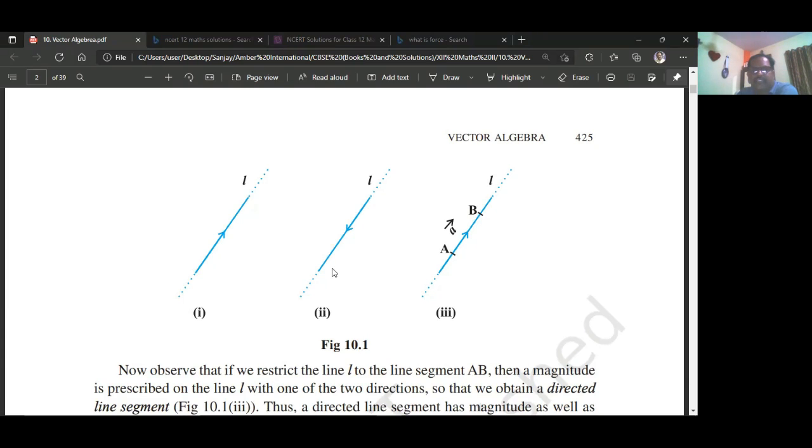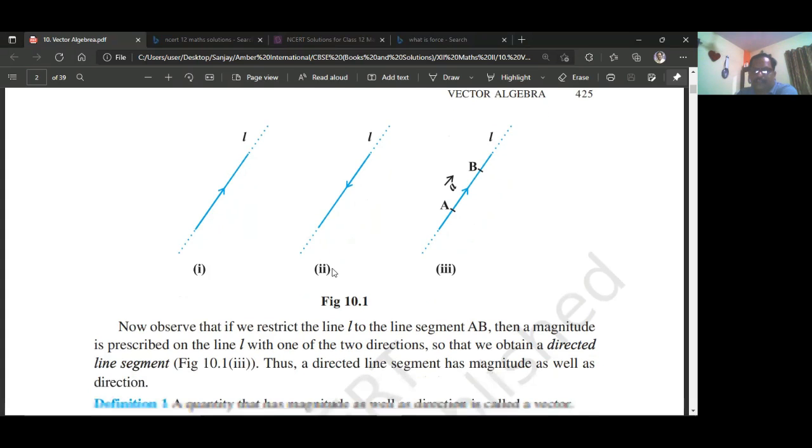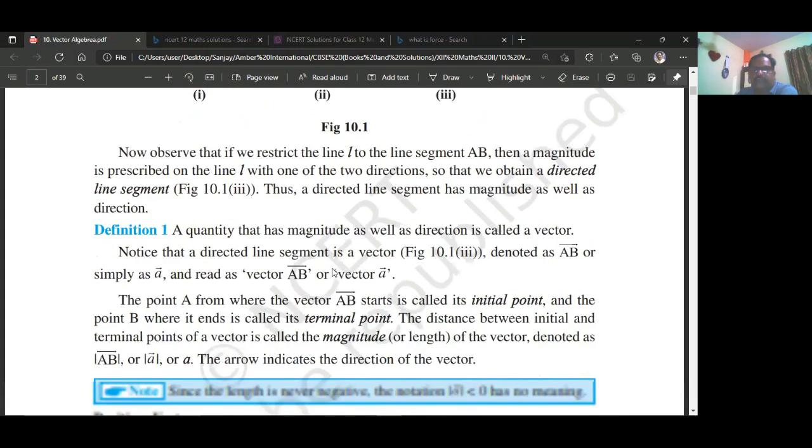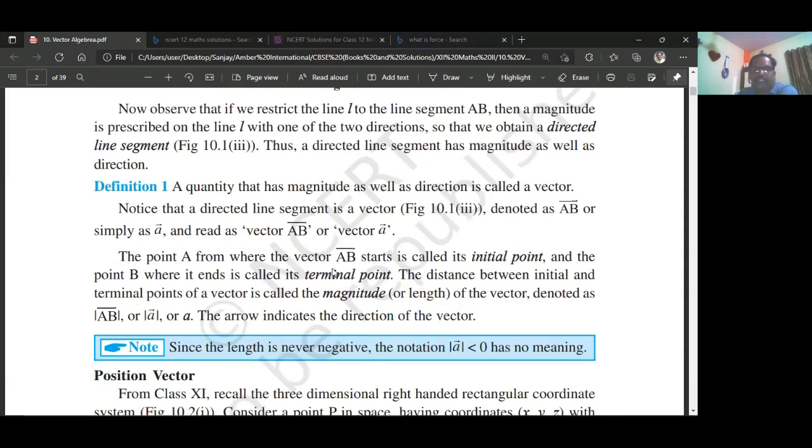And in the third diagram, 2 points are given on the same line, and it is denoted as the vector AB bar, and it can also be denoted simply as A bar. The bar is nothing but a one-sided arrow given on the same letter, right? So we read it as vector AB bar or vector A bar only.